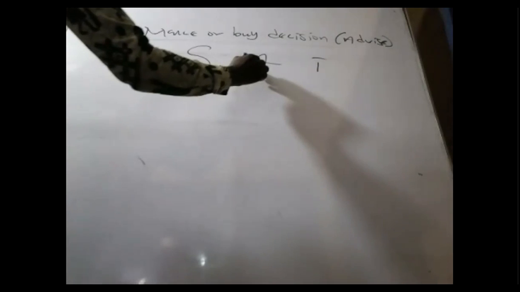That's the advice. I'm advising the company. So I'll start: what are the 3 products? S, A, and T. What is the variable cost of production?